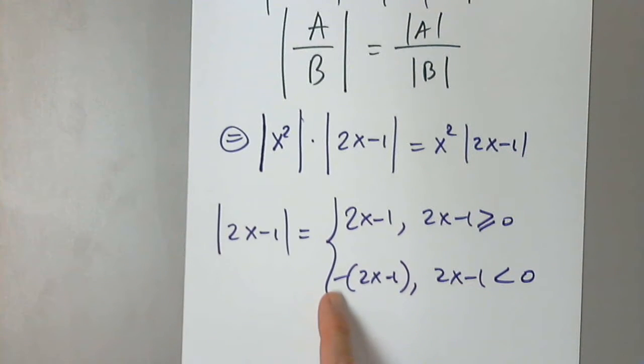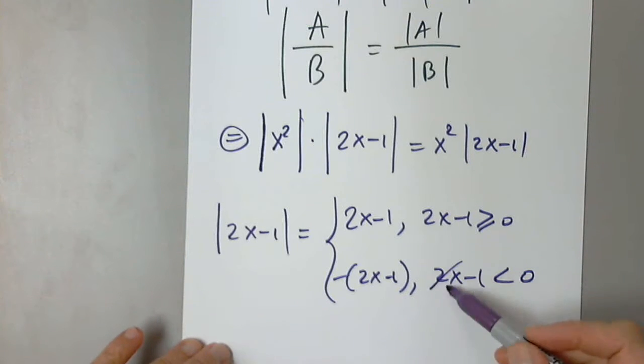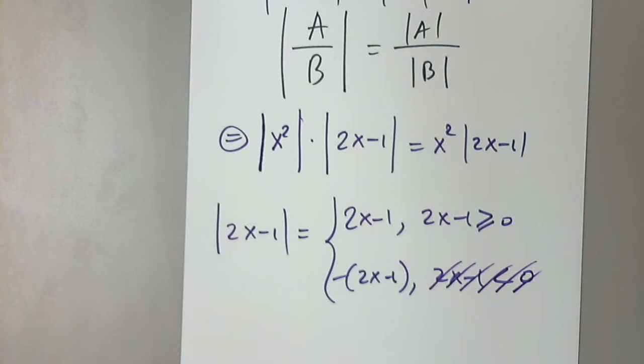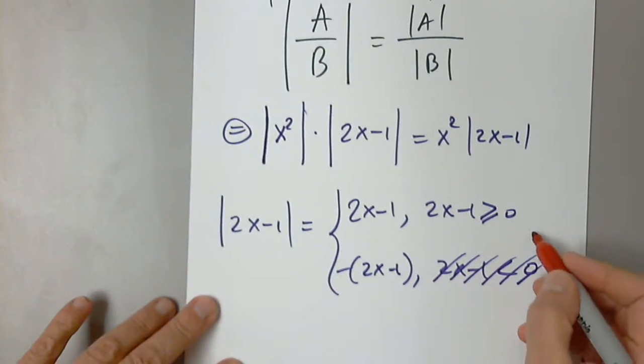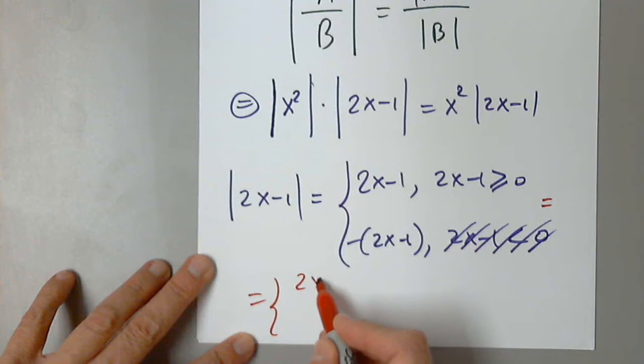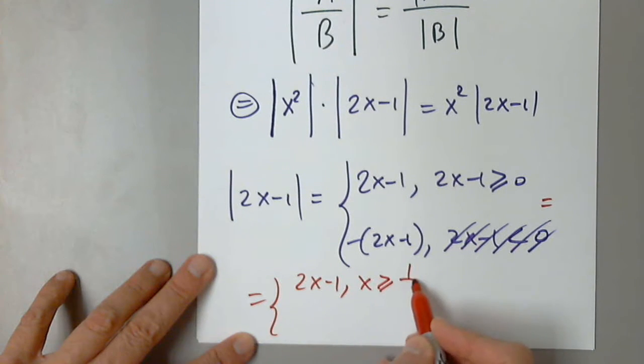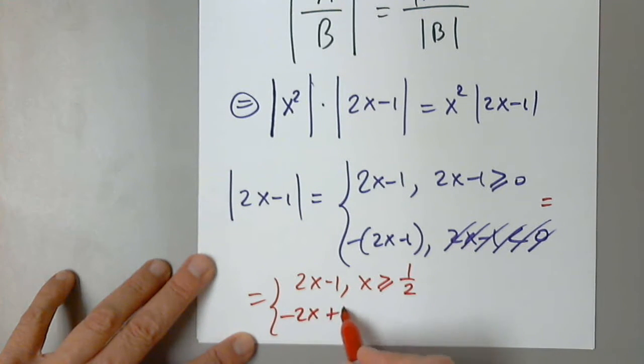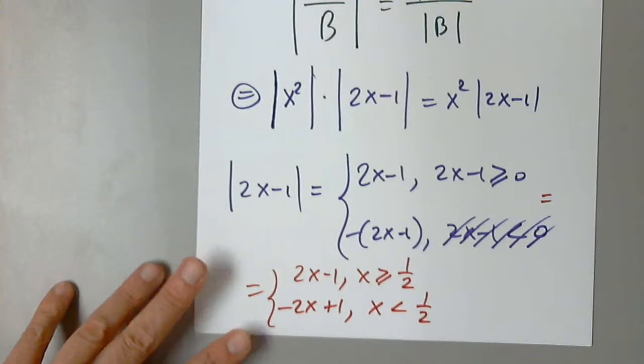And this one has minus in front. Remember, I will refuse to solve this. There is no need. You don't have to cross it out like that. I'm just trying to trigger your memory for the future. And then I know this is 2x minus 1 for x greater than or equal to 1/2, and negative 2x plus 1 for x less than 1/2.